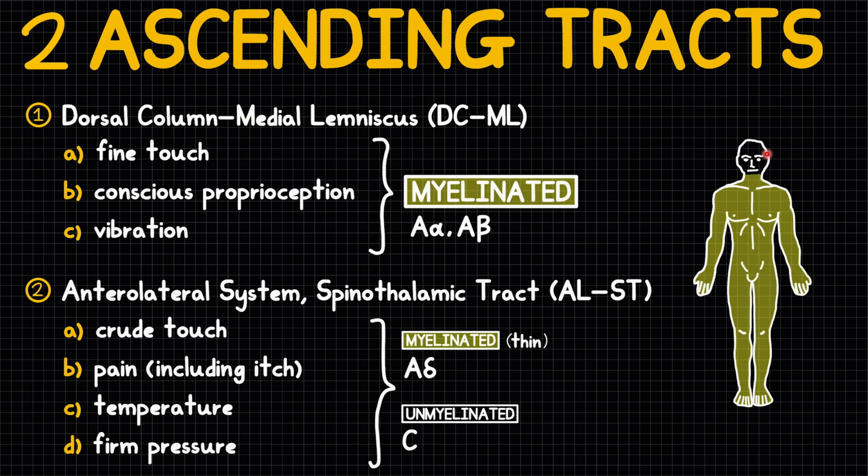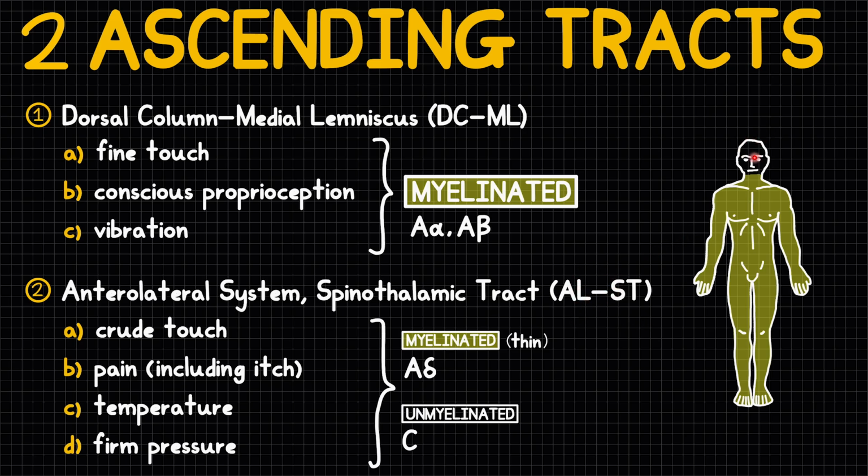So, for example, sandpaper grating against your cheeks will not be mediated by the DCML pathway. That fine touch of your face is not mediated by the DCML pathway. Similar thing with something like pain. If someone's punching you in the face, the pain that you feel is not going to be mediated by the ALST pathway. It is not mediated by it.